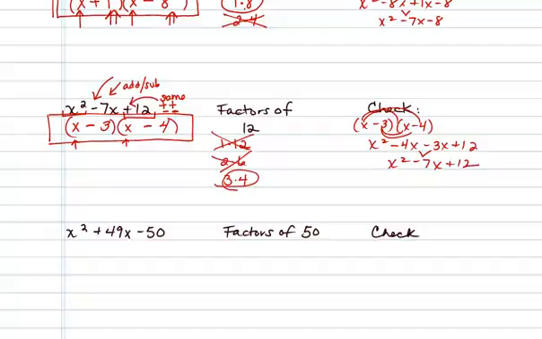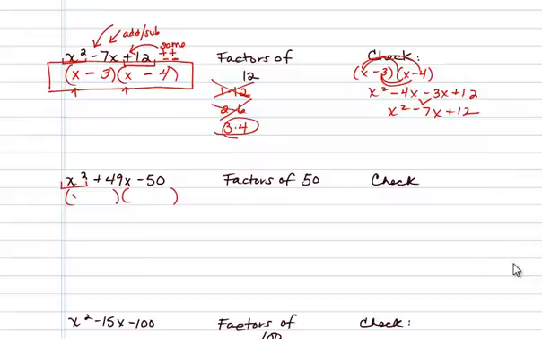Let's try it again. 2 parentheses to get x squared. It's x and x. To get 50, I've got a couple choices, 5 and 10. I think that's it. Now I'm trying to make a 49, add or subtract. So definitely 1 and 50.